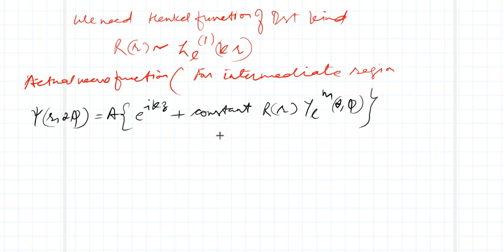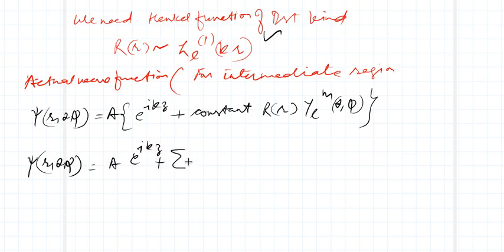As we know that R of r is this one, if I put its value here, then this wave function, psi r theta phi, is equal to A times e raised to power iota kz plus summation of CLM.